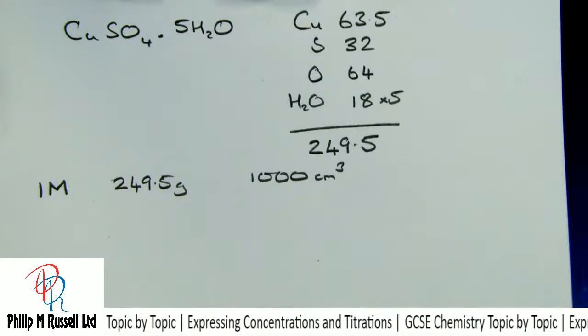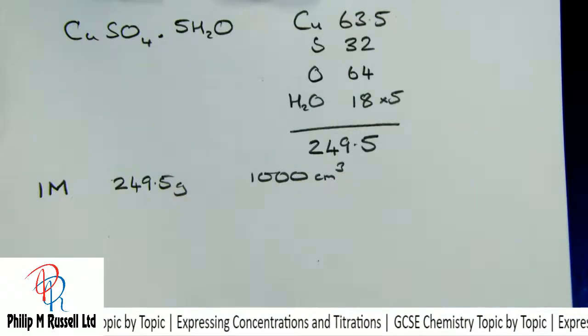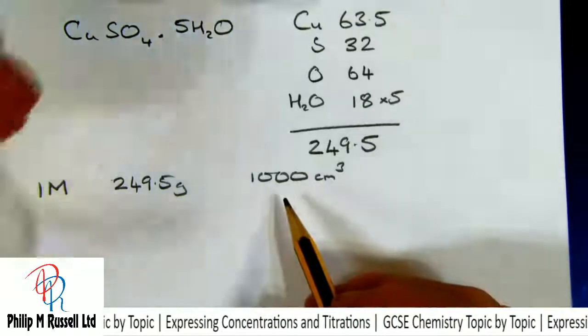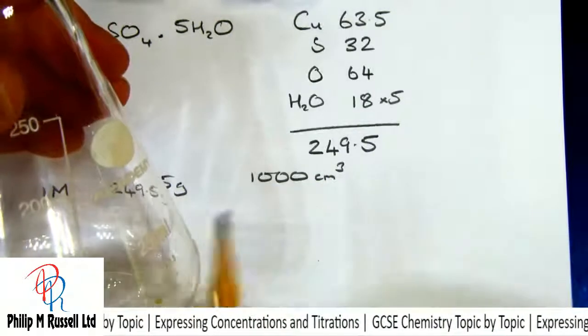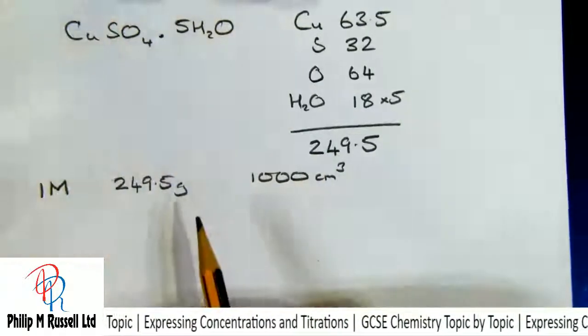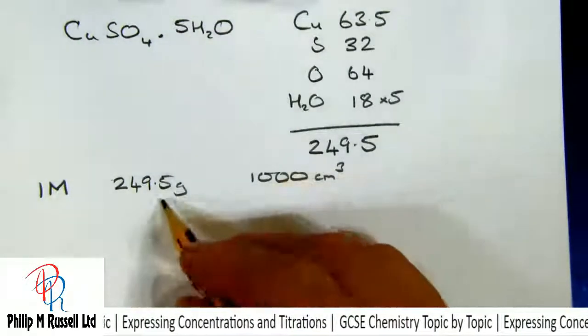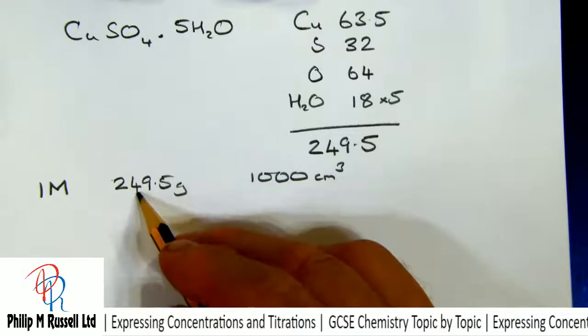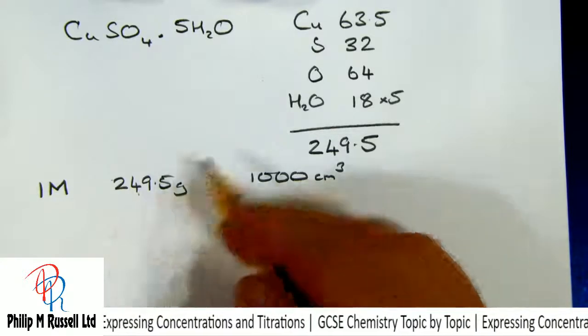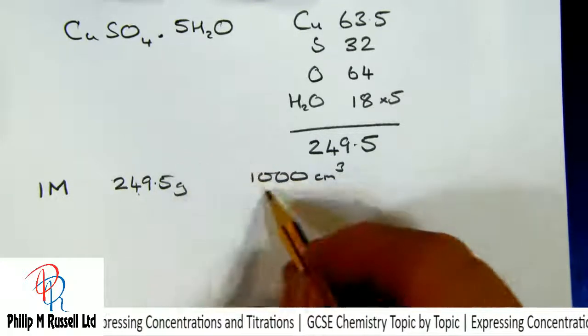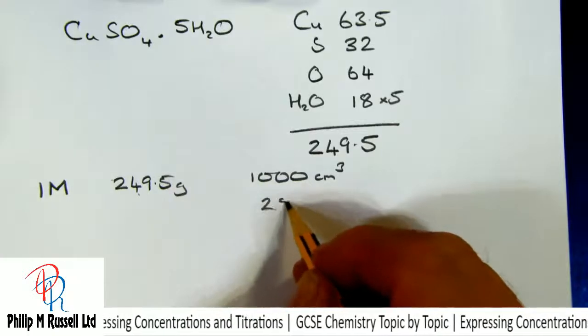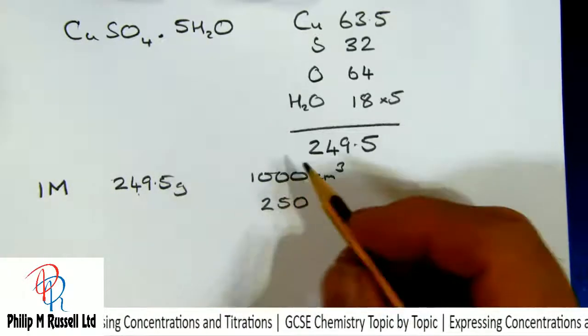But I don't have a 1 litre. I'm going to put this into a bottle, and I've only got about 250 to play around with. So we want a quarter of the amount of liquid, so we want a quarter of the amount of substance.